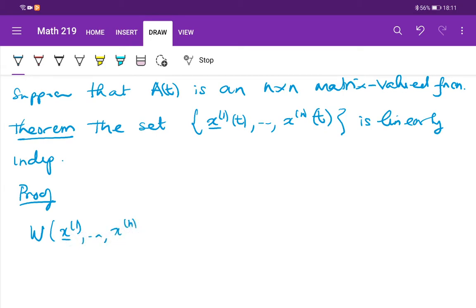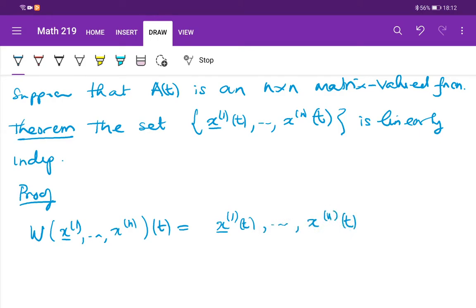Xn at t, so this is the determinant of x. So we take these functions, and here I'll write it just like this: x1(t) up to xn(t).